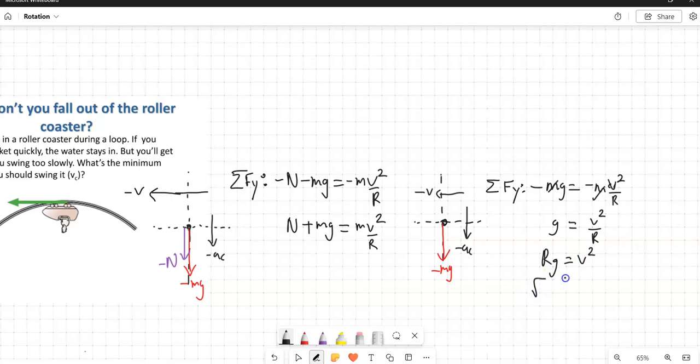So the square root of r times g is equal to v. So that's the minimum velocity that you need to cross this half without falling off the roller coaster. Or if you're swinging a pail of water overhead, that's the minimum velocity you need for the water to not dump out of the bucket. It would be whatever radius you're spinning it at times 9.8, square root.